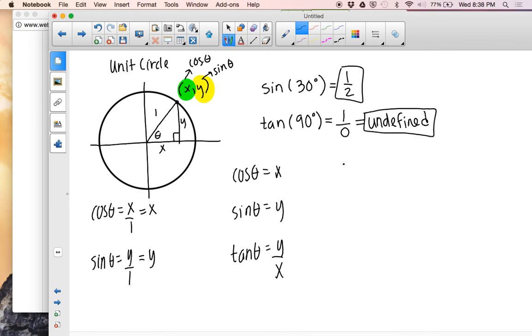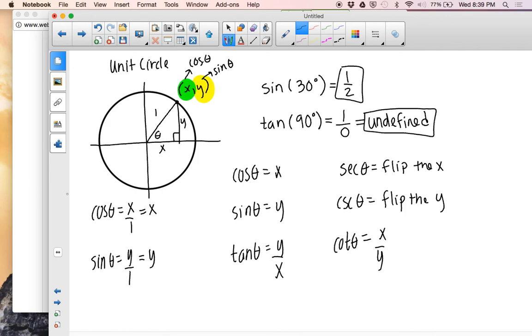To get secant of theta, all you're going to do is flip the x value, and I'll show you what I mean by that in a second. To get cosecant of theta, you're going to flip the y, because cosecant's the reciprocal of y, and secant's the reciprocal of cosine. You just flip those values. And to get cotangent, you're going to do x divided by y instead of y divided by x.